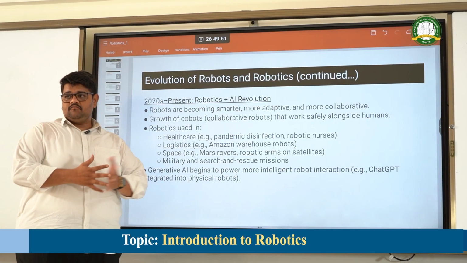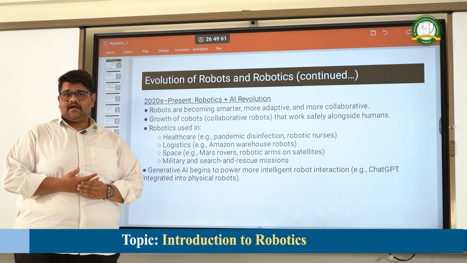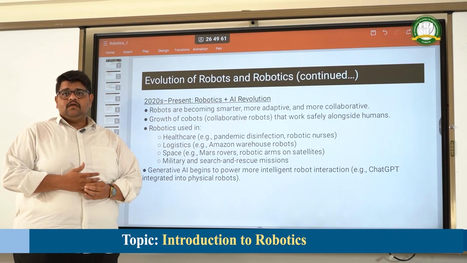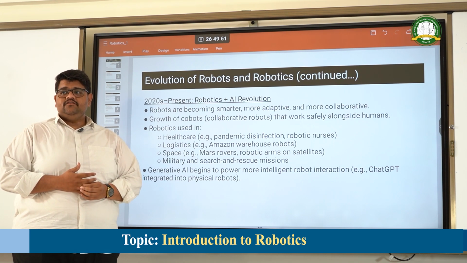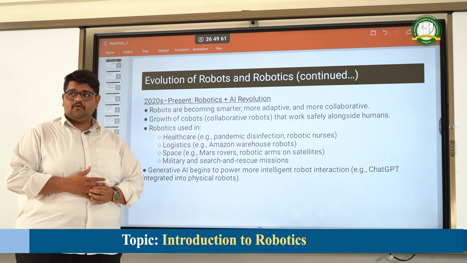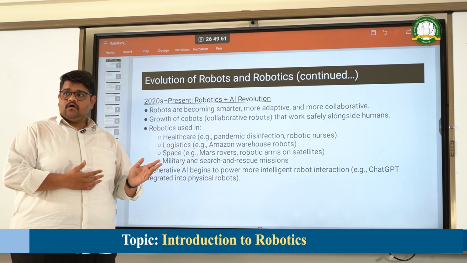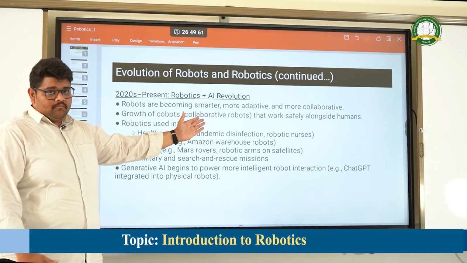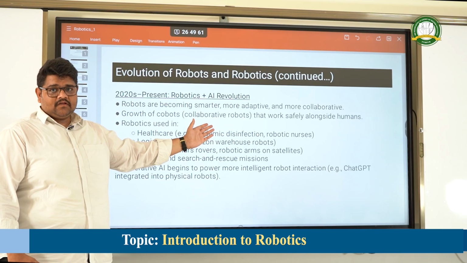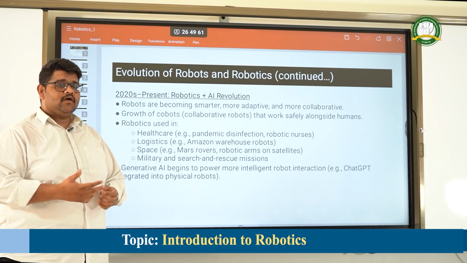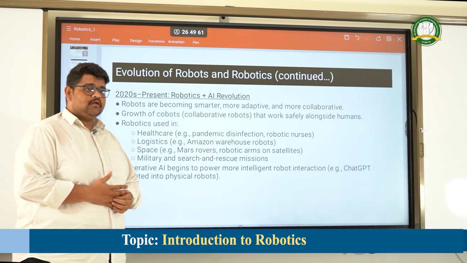From the 2020s onwards, we can see that artificial intelligence is taking over. That doesn't mean it's just being used in your cell phones or laptops. It's been adopted for assisting humans. Cobots were being developed. Cobots are collaborative robots which are there to help or assist human beings.